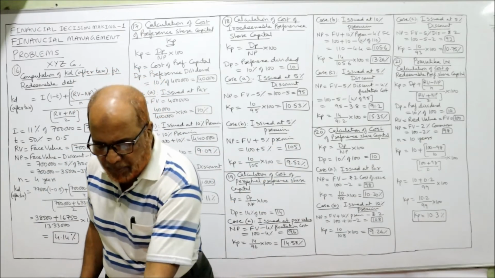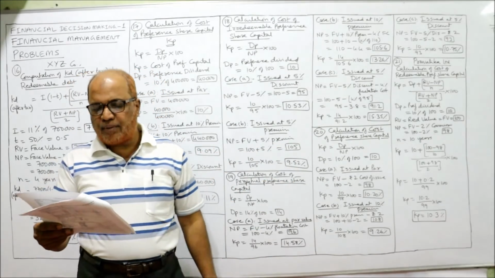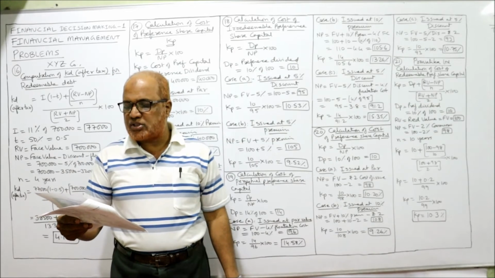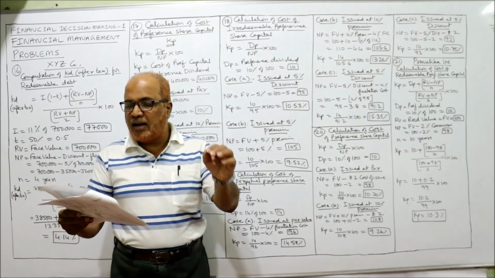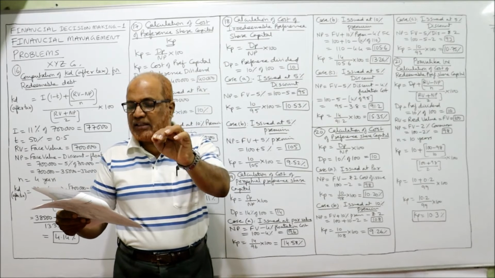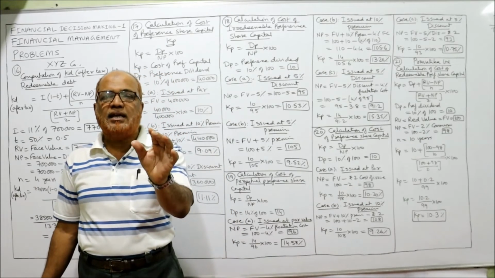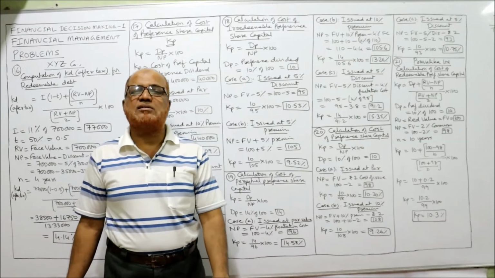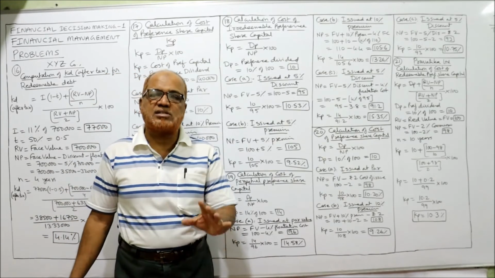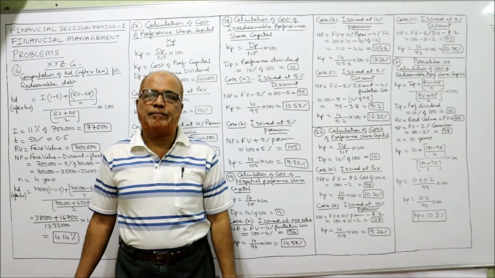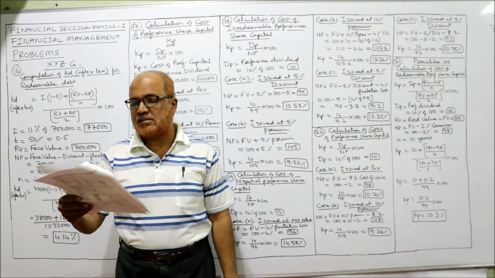So 21st problem, you see. Pravalika Limited has issued 10% preference shares of 100 each, redeemable at the end of the 10th year from the date of issue. Make it clear that these preference shares are redeemable. First time we are coming to redeemable. The period of redemption is 10 years.